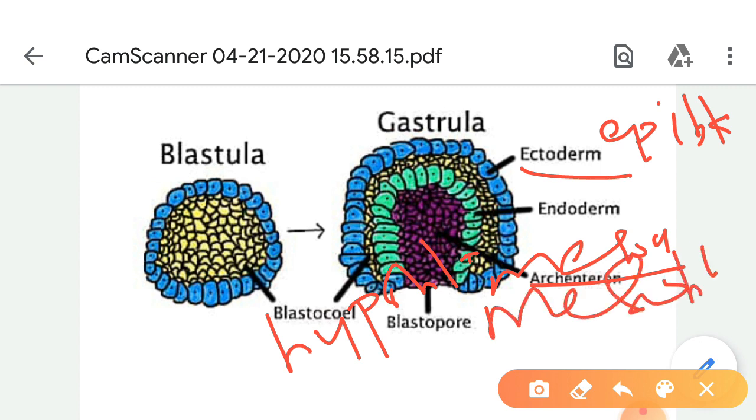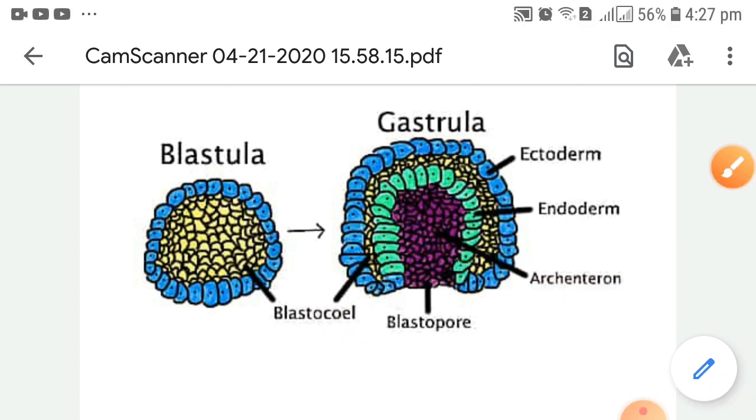The ectoderm is the outermost layer, the endoderm is the innermost layer, and the mesoderm is the middle layer. Three types of germ layers are formed during the gastrulation process.